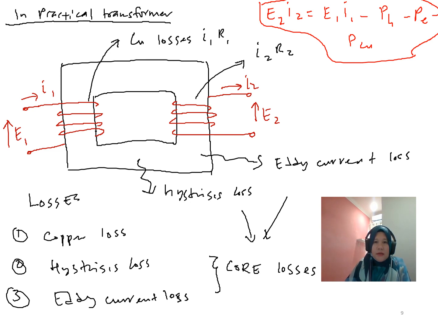So this is the copper loss. The eddy current loss we label as P E, and the hysteresis loss is labeled as hysteresis loss.